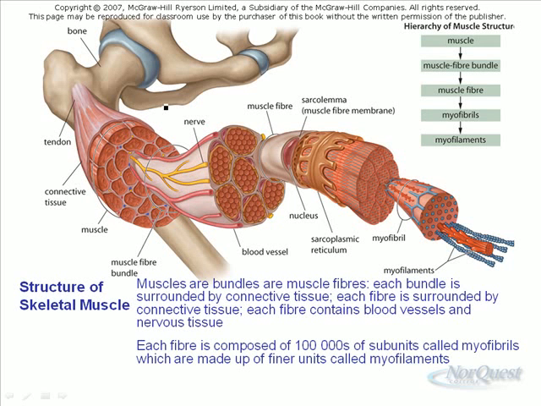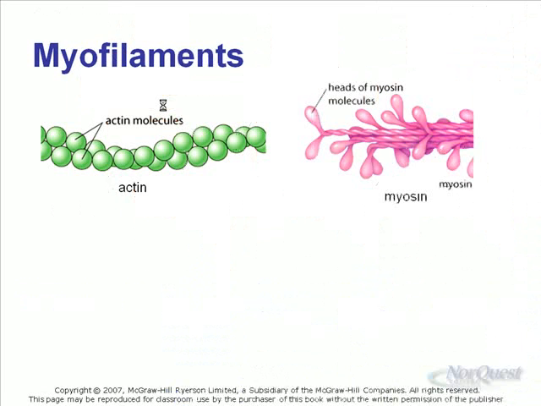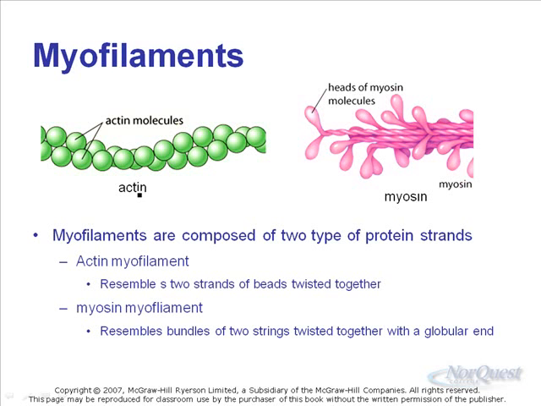Each fiber is composed of hundreds of thousands of subunits called myofibrils, which are made up of finer units called myofilaments, and these are the structural unit responsible for muscle contractions. There are two types of myofilaments that we have to know. One is called actin, one is called myosin. The actin myofilament resembles two strands of beads twisted together.